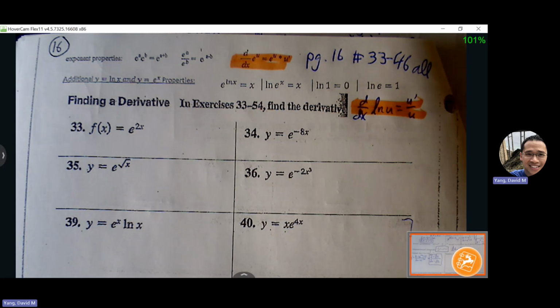I want to follow the rule. E to the 2x becomes what? E to the 2x times 2.